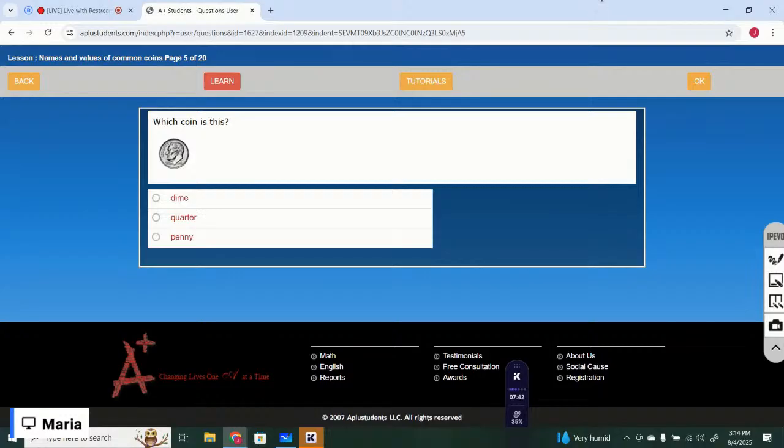Which coin is this? Dime, quarter, penny. Quarter it is. Option number 2 is the correct option.